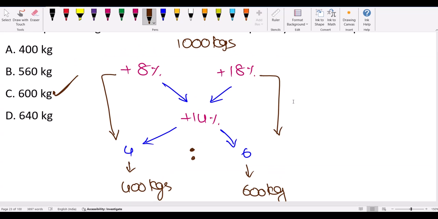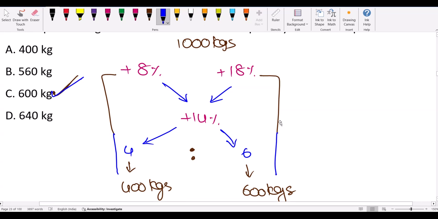Then only will I get the matching 14% profit. So 400 and 600 kgs. 600 kgs at 18% profit and 400 kgs at 8% profit.